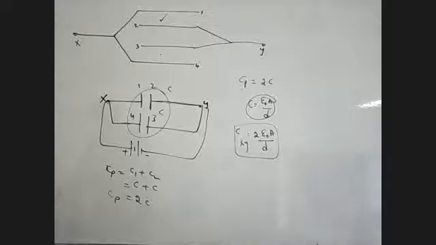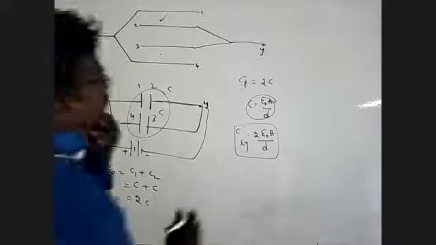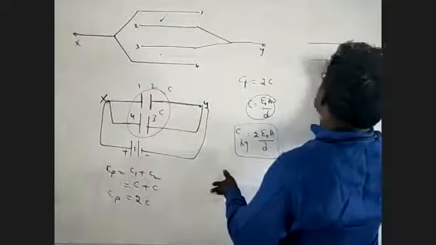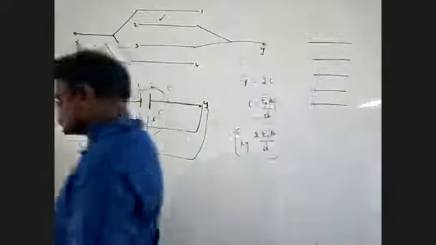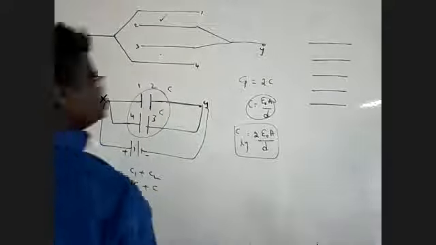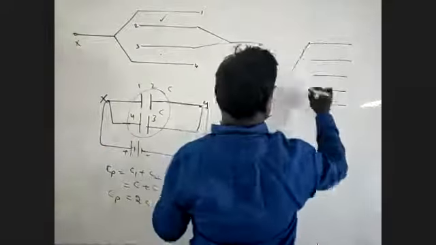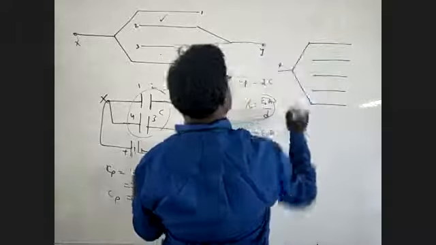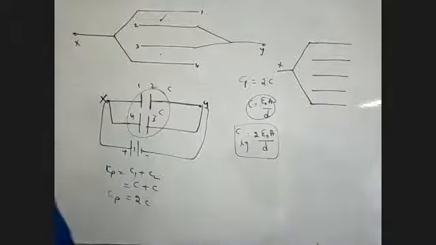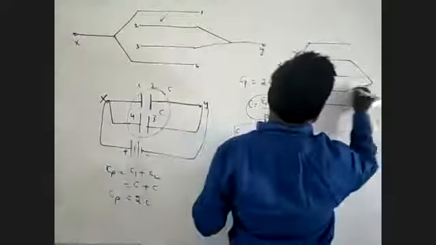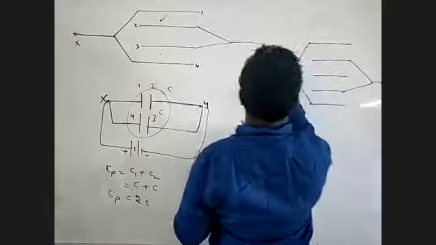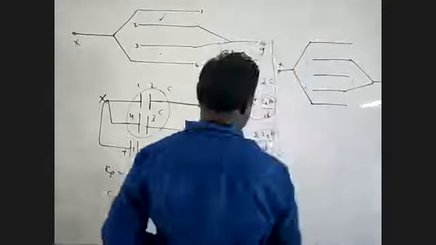Next question. 1, 2, 3, 4, 5 plates. This is connected to X. Second plate and fourth plate are connected to Y. This is given.